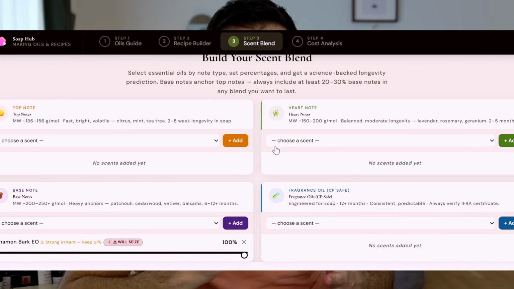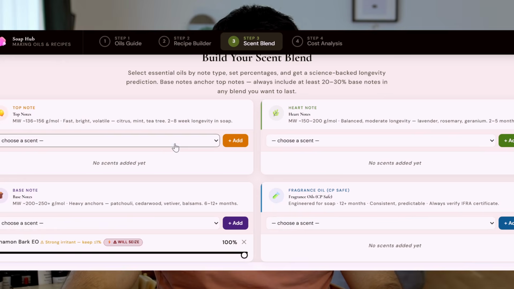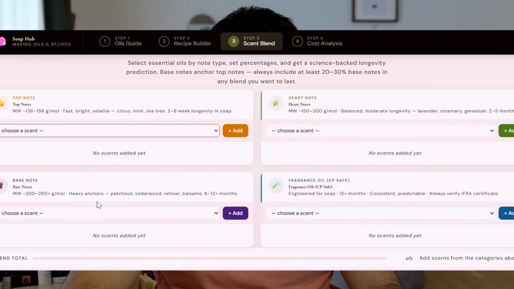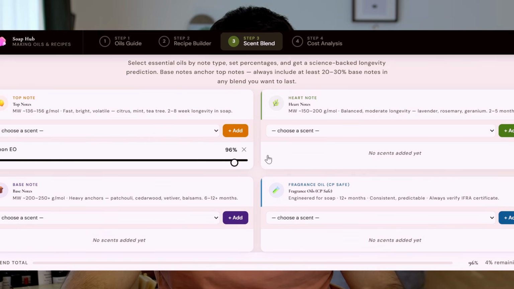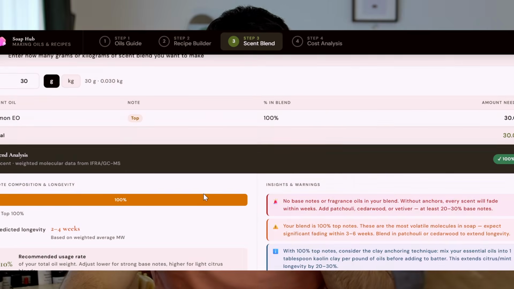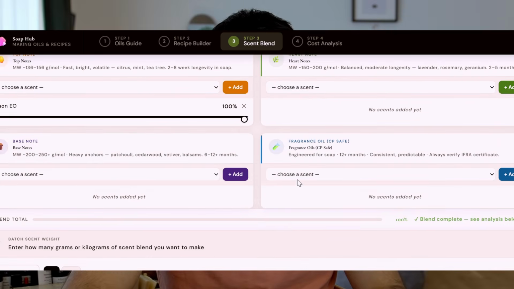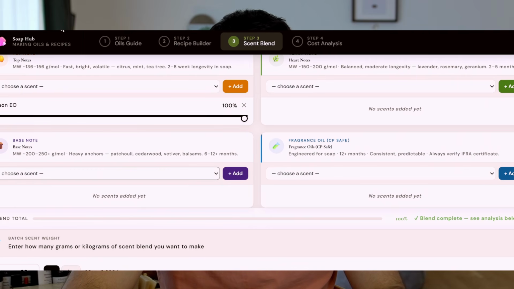One way to make your essential oil blend more long lasting is, for example, if I go here and I choose lemon essential oil, I want something that smells of lemon, 100% lemon. It will tell me, oh, you don't have any base notes or fragrance oils to make your essential oil blend more long lasting. So what do I do? I go down here and I choose a base note.